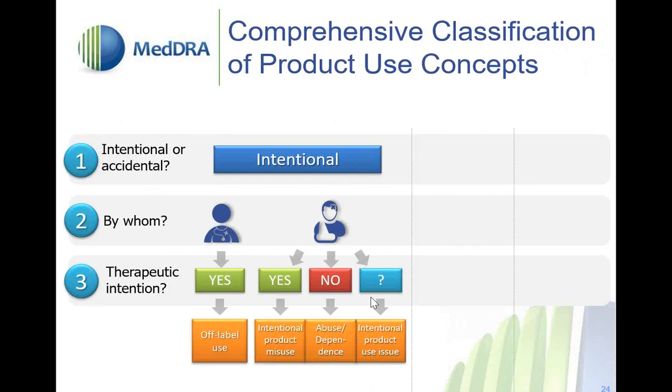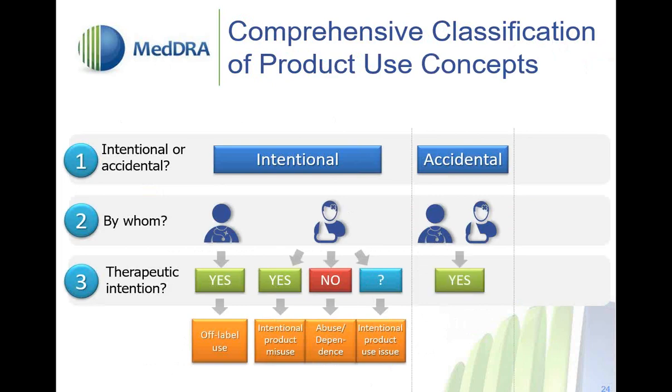So this is a very nice mental decision tree for you to figure out what type of term to look for based on the information provided. Now, if something happens accidentally, as in our scenario today, regardless of whether it happened by a healthcare provider or a patient consumer, and the therapeutic intent is there, then it's some type of medication error.